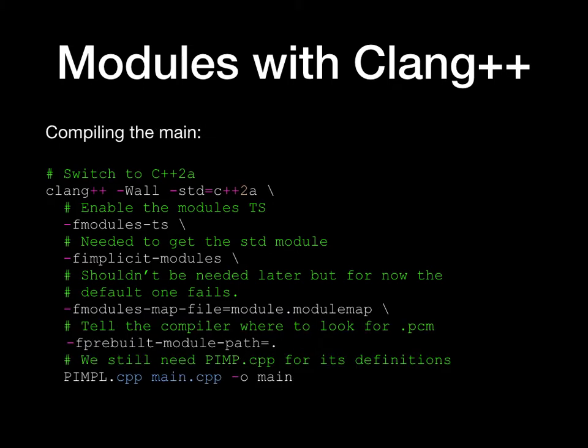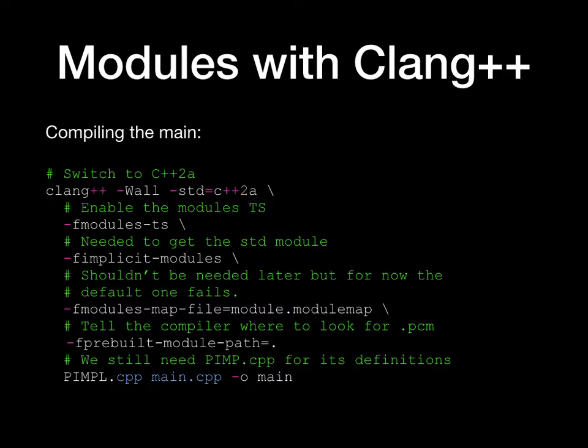So we start with the same thing: C++20, warnings, module technical specification, implicit modules, module map file. And then we tell Clang to look for our built modules in the current working directory.